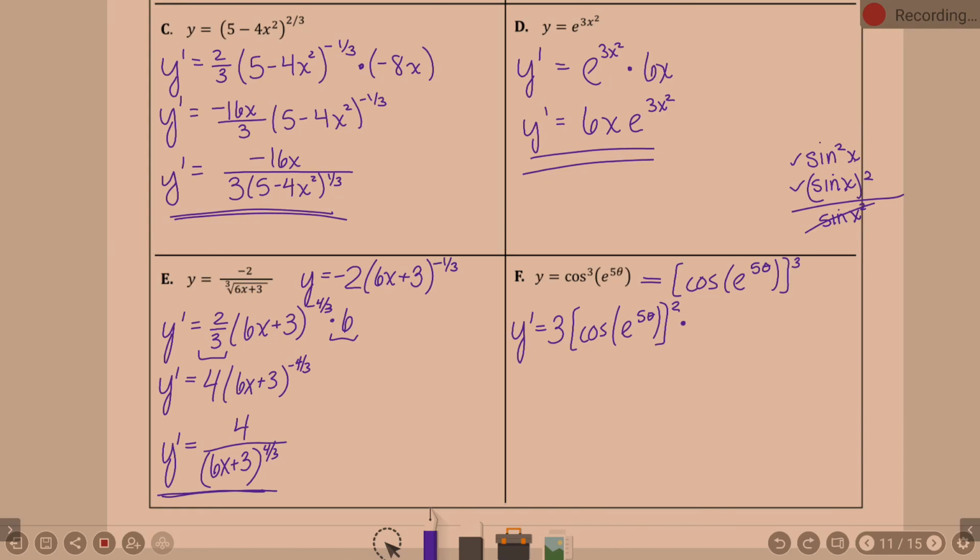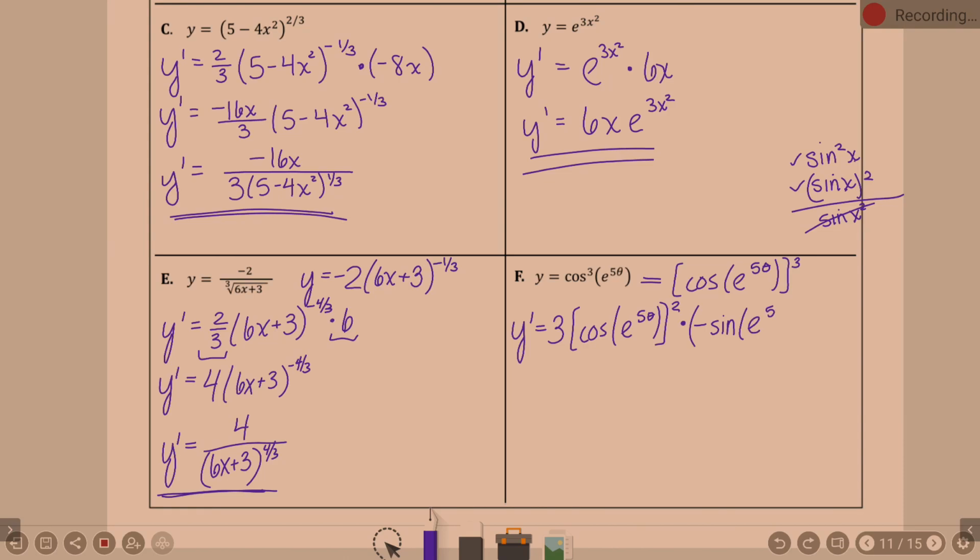So overall, it's something to the 3rd, and that something to the 3rd is a cosine to the 3rd. So how do you do the derivative of cosine of something? The derivative of cosine of something is negative sine of something. So now I'm going to say times negative sine of what is my current inside?